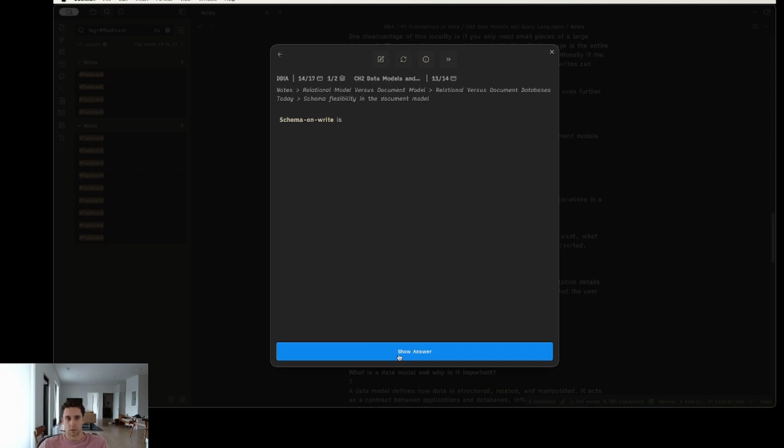Schema on write is what we would imagine a SQL or a relational table to be. It's predefined. So when the data goes in, we already know the structure.